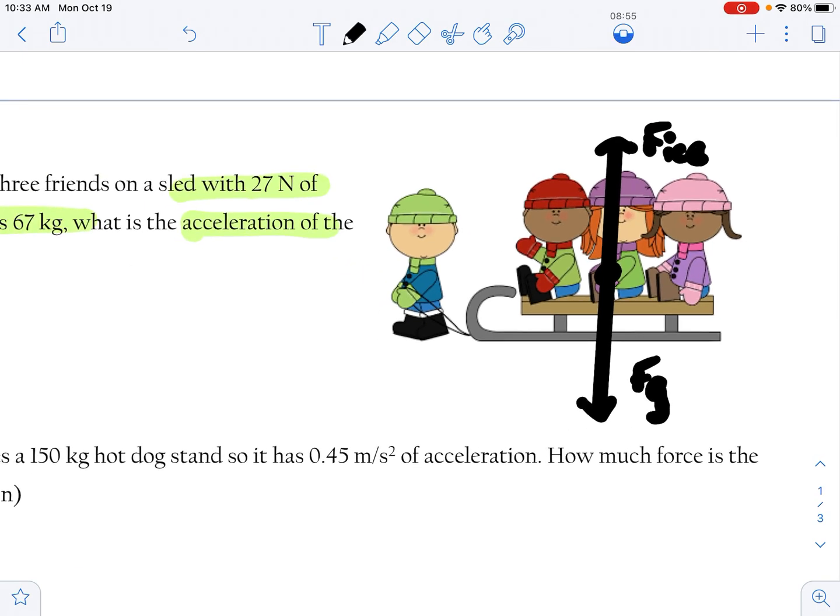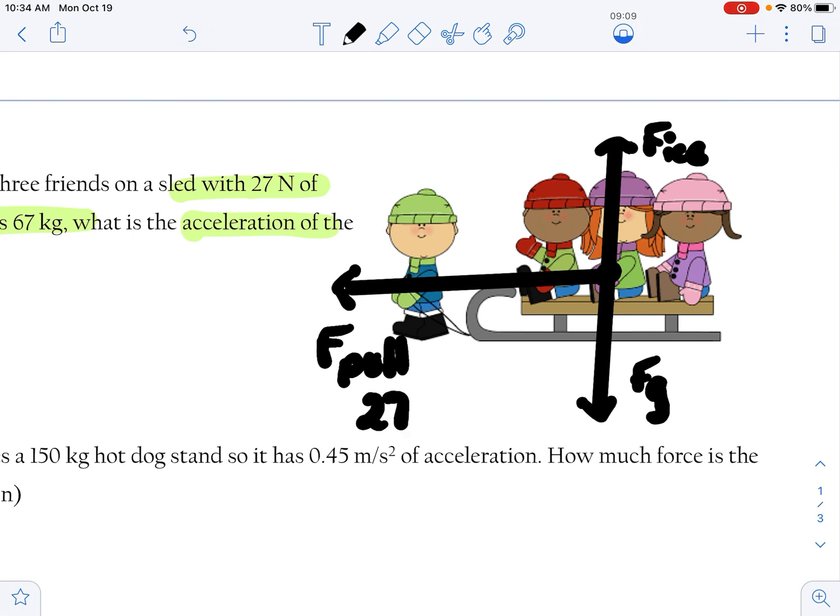Now those two arrows should be about the same size because this sled is not moving up or down. Okay, so those two forces need to cancel each other out. I have a pulling force going in this direction. And I know that this is 27 newtons because it told me so in the problem. And I have a friction force going the other way, but I get to ignore it.